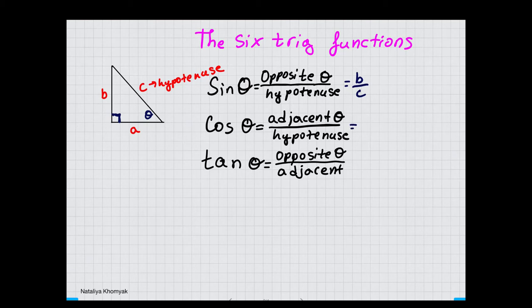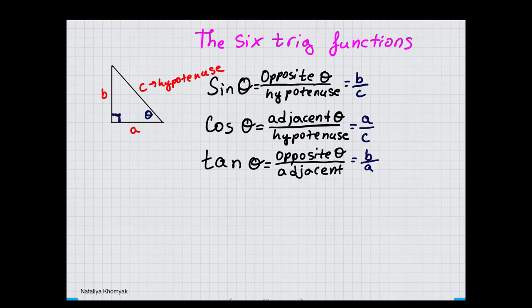Cosine, you take the adjacent side to theta, which is a, and you will divide it by hypotenuse, which we called c. And for tangent, you take the opposite side from theta, which is b, and you divide it by adjacent side, which we called a.